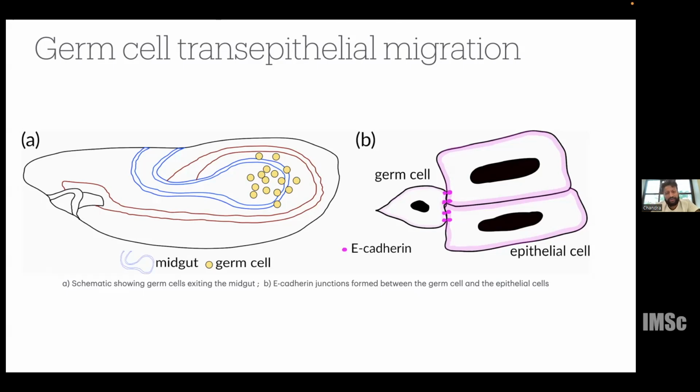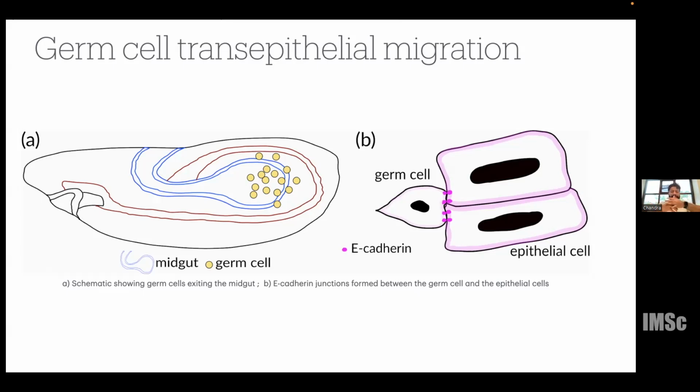So our hypothesis was that this is an active process. The germ cells actually form E-cadherin junctions with the epithelial cells, because epithelial cells naturally have E-cadherin, which is where the E in E-cadherin comes from.